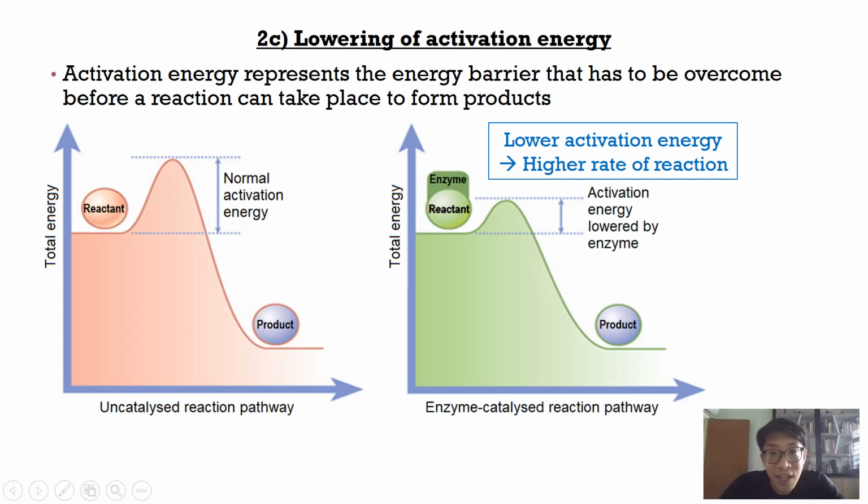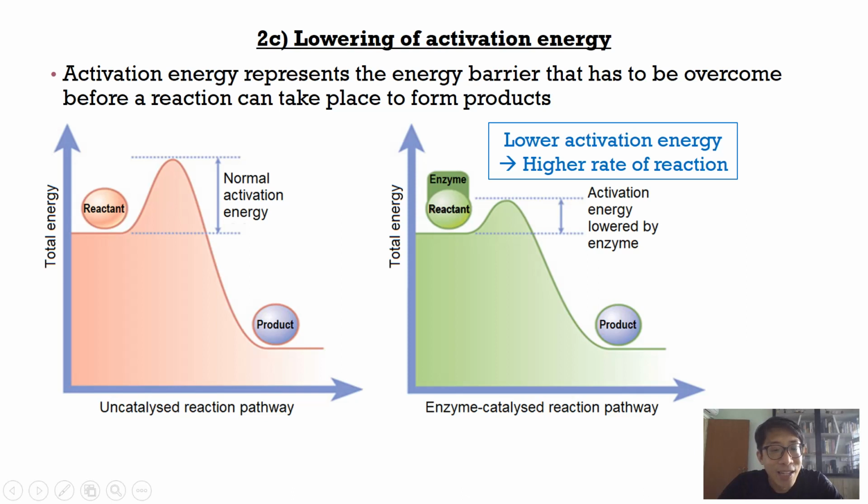The difference is that when there is the presence of enzyme, the activation energy is lowered. This activation energy represents the energy barrier which the reactants must overcome before they can proceed forward with the reaction to form the product.